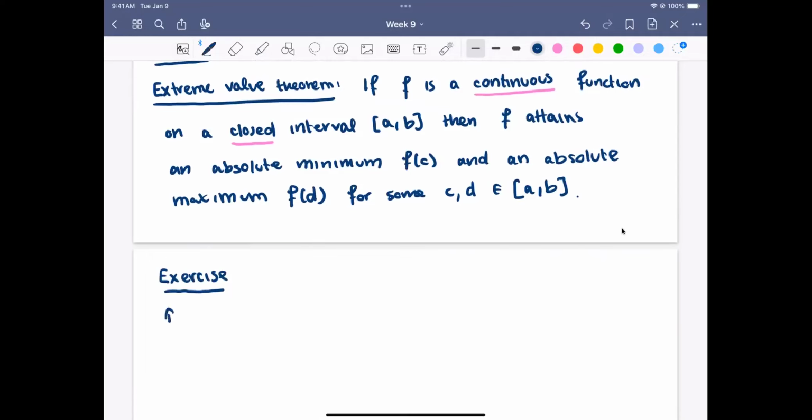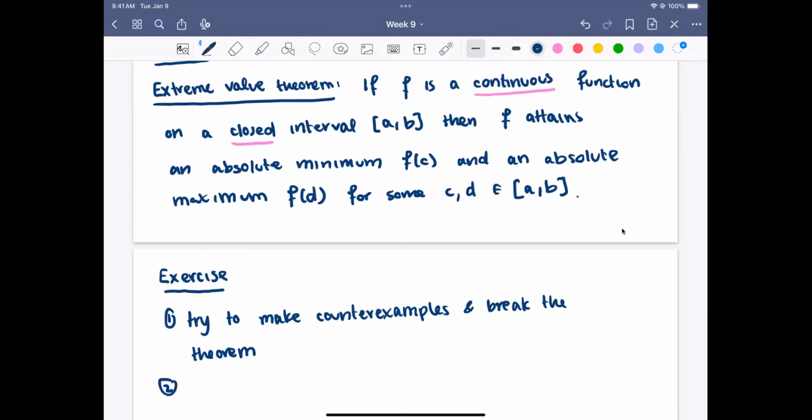So part one, try to make counterexamples and break the theorem. And part two, then understand why the counterexamples don't work.